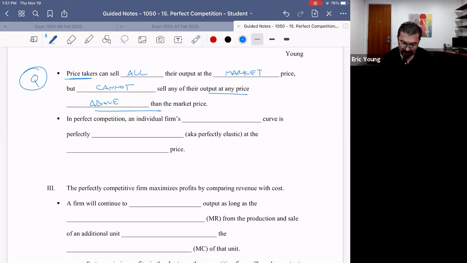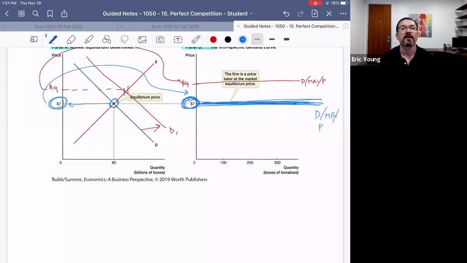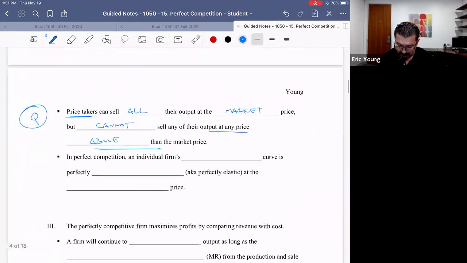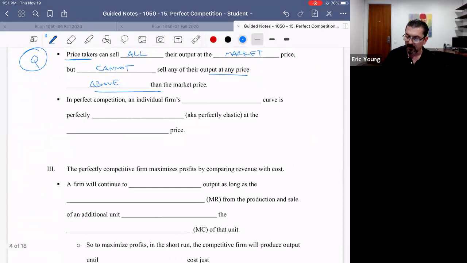The other takeaway, and you had a hint of it up here when we saw the perfectly horizontal, perfectly flat demand curve, is that we believe that in perfect competition, the individual firm's demand curve, which you just saw, is perfectly horizontal and therefore perfectly elastic at the market price.